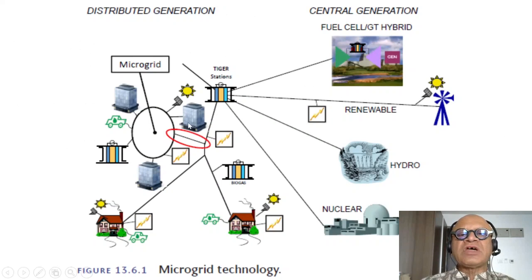Okay, so this is how it would look going back to our figure. We have the same players around, and you have the Tiger station, and you have now here added a microgrid which is managing, let's say, a few commercial members or few buildings on a campus or a few hospitals and so on, with its storage, with its fuel cell backup system, and with its vehicle fleet and its renewable energy source, and it's connected to the main transmission grid, but it's managing this little aggregation of the users.